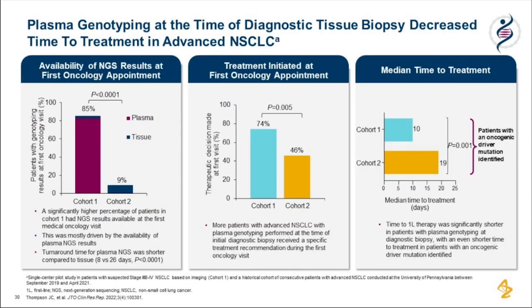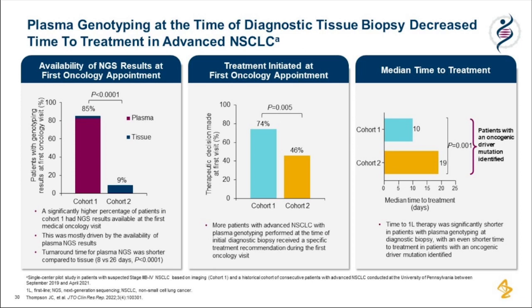Looking at the results, for first availability of next-gen sequencing results on the first oncology appointment, in cohort 1 it was about 85%, compared to cohort 2, it was only about 9%.